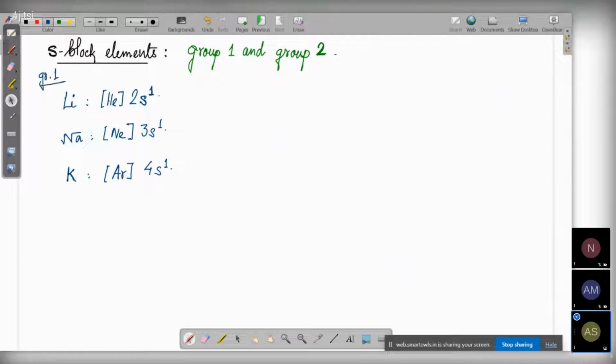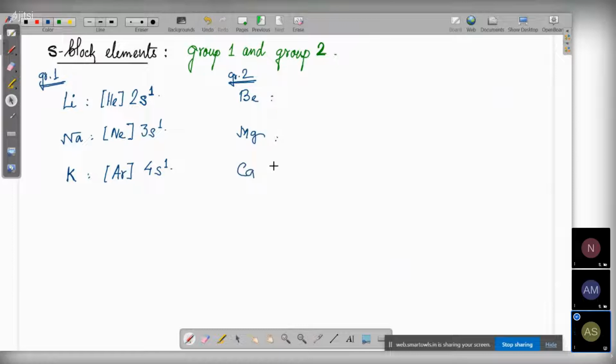Again, if you consider group 2, there you are going to see beryllium, magnesium, calcium.